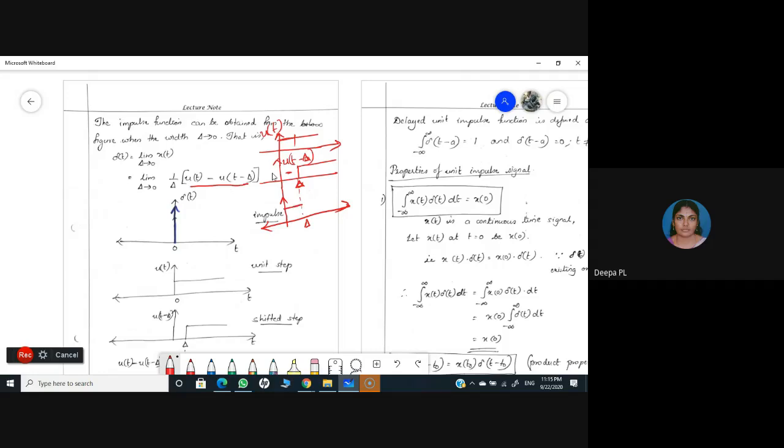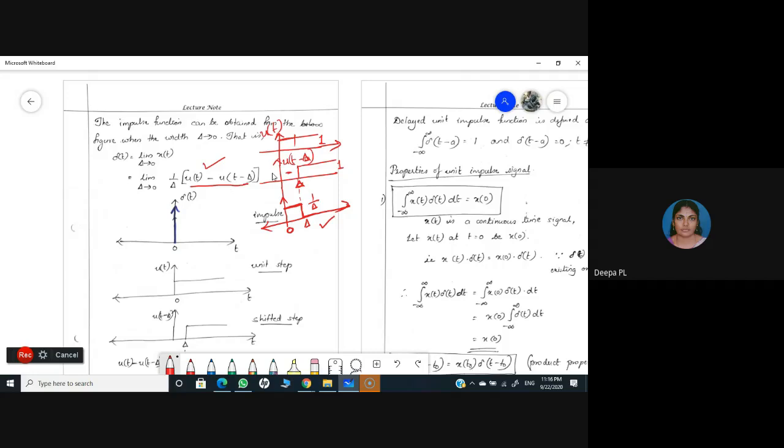But from delta onwards, the amplitude here is 1, and here also the amplitude is 1. 1 minus 1 is equal to what? 0. That means I am getting a signal that is varying from 0 to delta. Okay, here the amplitude is 1, right? If I'm multiplying it with 1 by delta, I will be getting a signal like this. So that is why it is indicated like this.